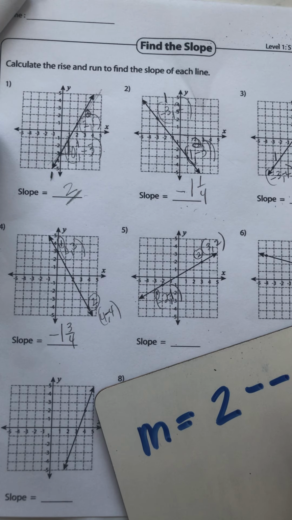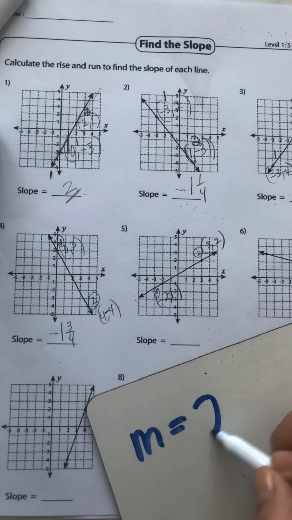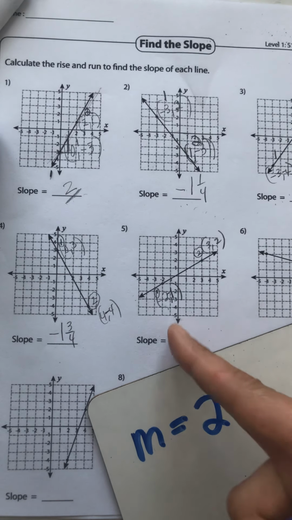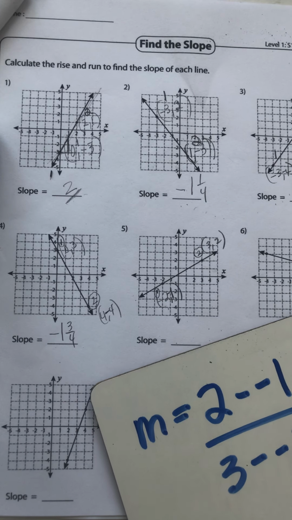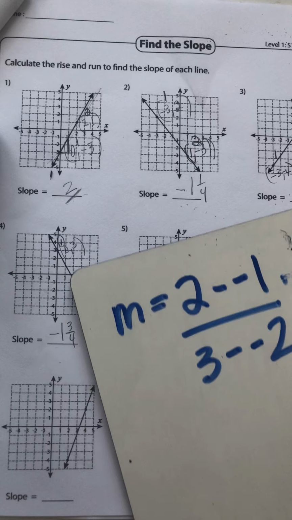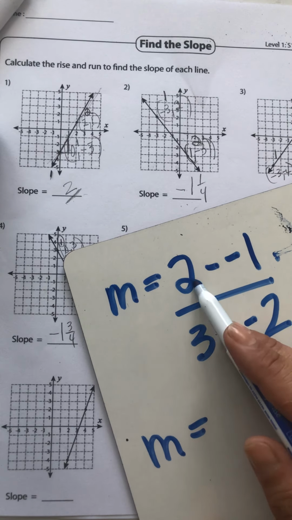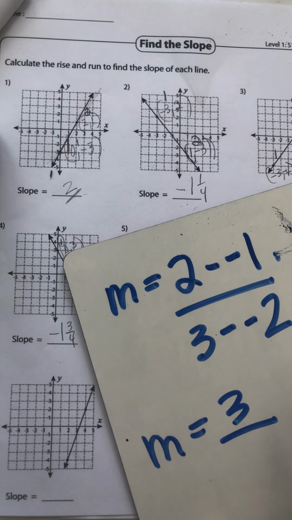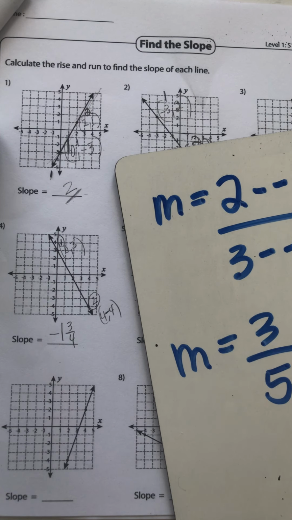Minus y1 over x2 minus x1. All right, m equals, these all become positive, so 2 plus 1 is 3 over 3 plus 2 is 5, so this isn't even a whole. Your slope is 3/5.